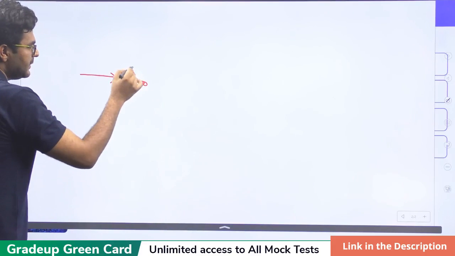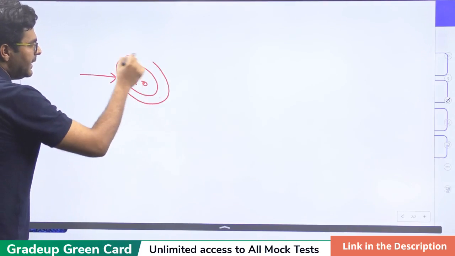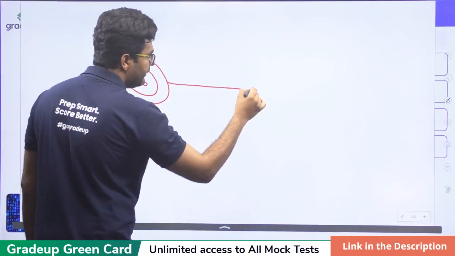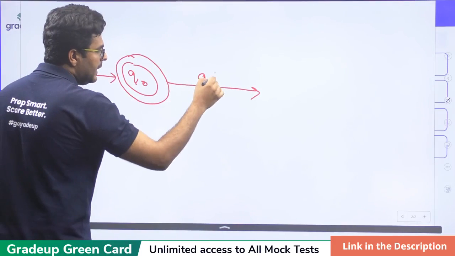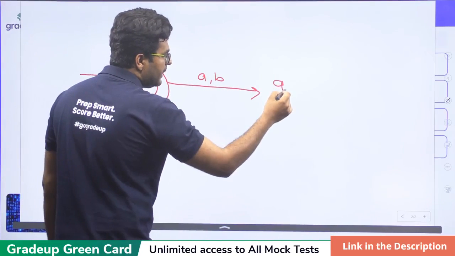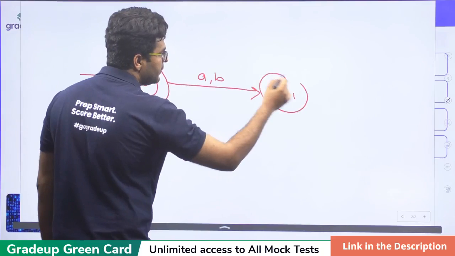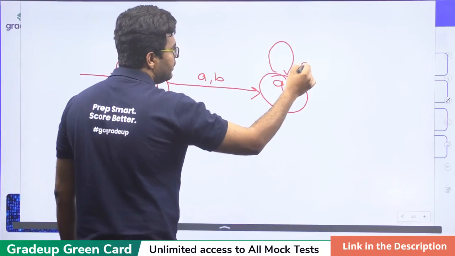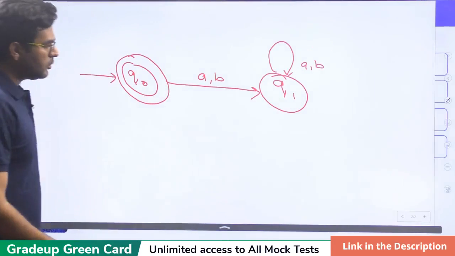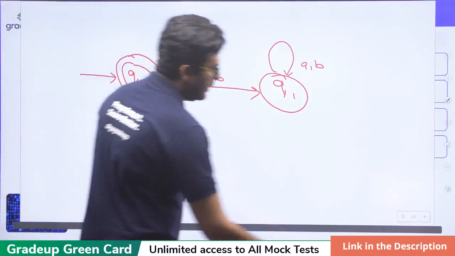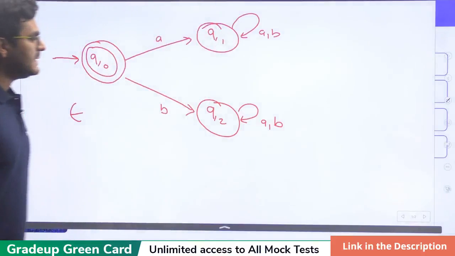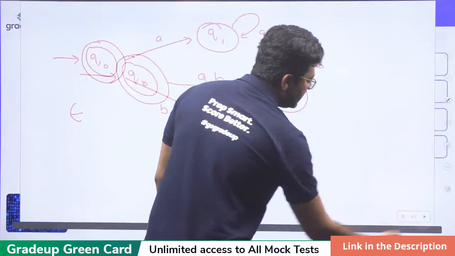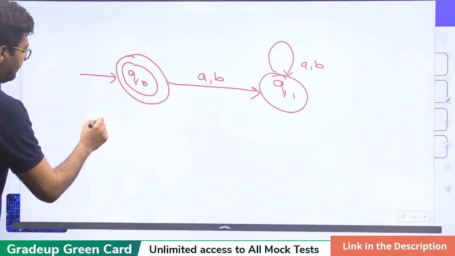We have the final state at Q0, and from here we have a transition for A and B, and after reading this, we go to a state named Q1, where we again have a self loop of A and B. See, this automata and the automata on the previous page are the same.